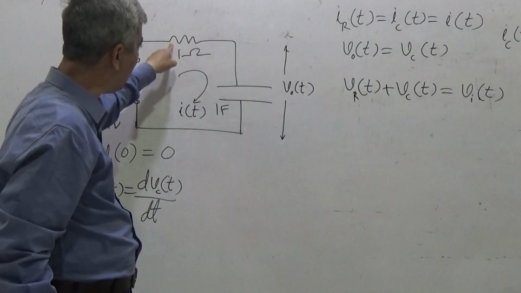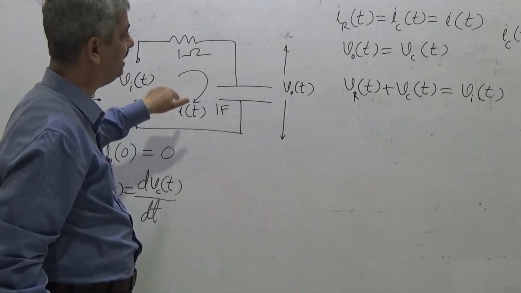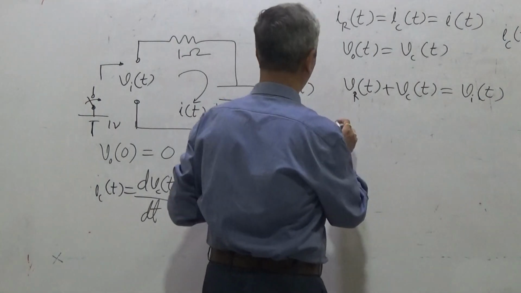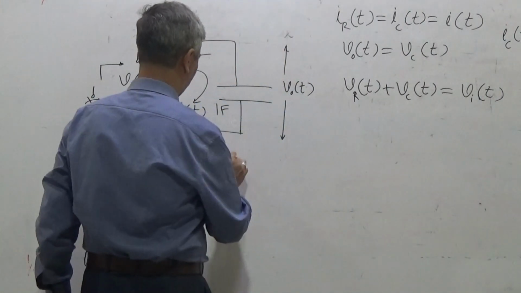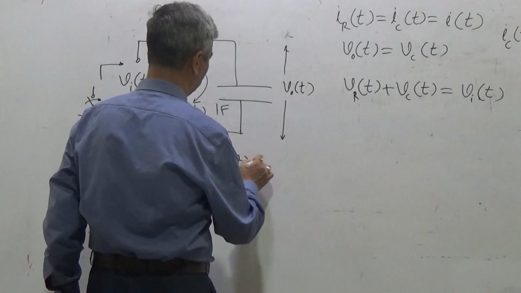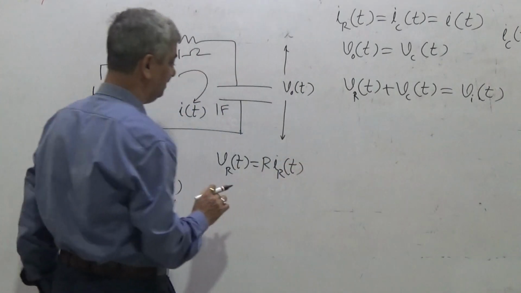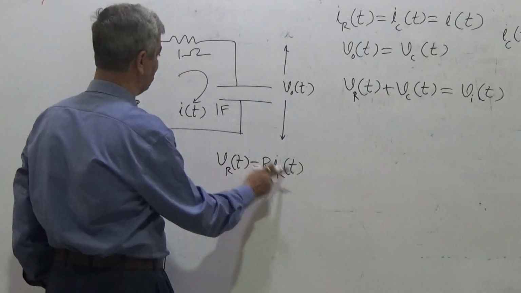So R into I_R(t), but I_R(t) is i(t). R is 1 and I_R(t) is i(t).